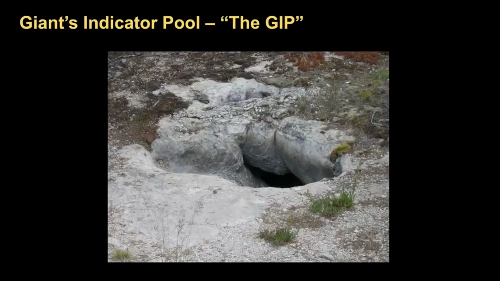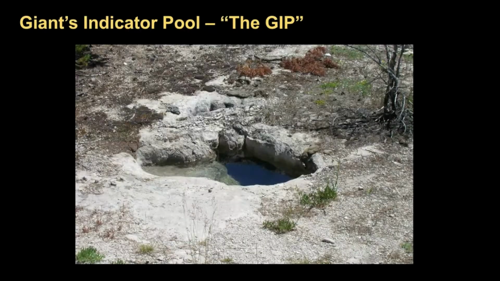Water level in the GIP is usually down several feet below the rim, like it is in this photo. In fact, I think I was trying to show that it was there, but you can't really see it. But you can see it when it comes up with a giant hot period. So this is what it will look like when Mastiff is full and overflowing, a few inches down below that rim.